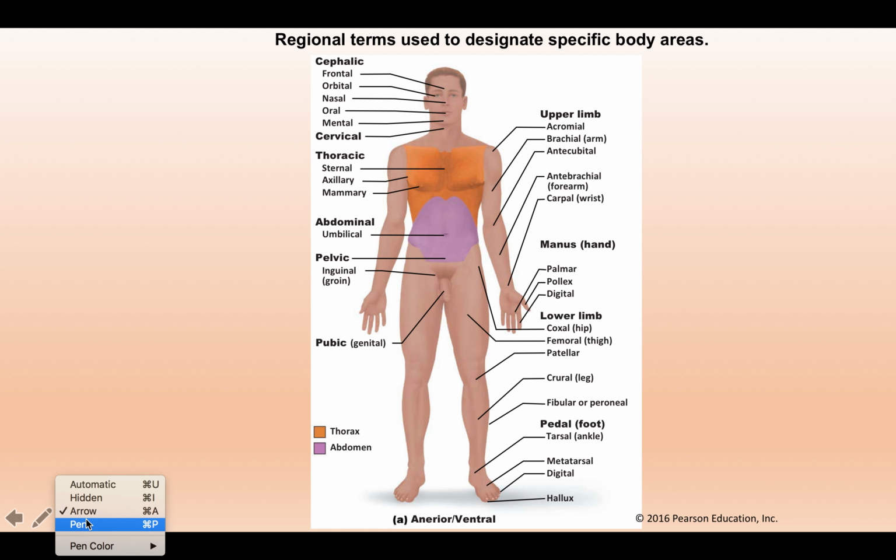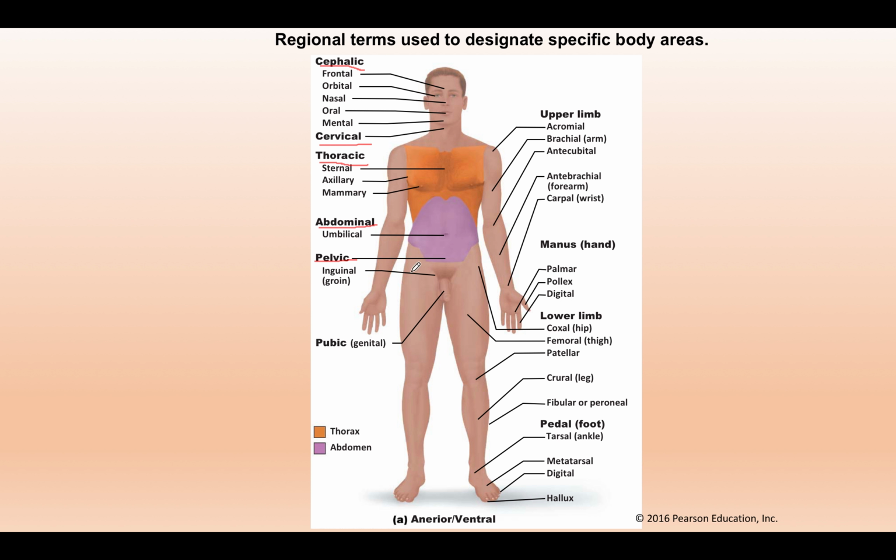Anytime I use the word cervical, cervical implies your neck region. Cephalic refers to your head. Thoracic refers to your chest cavity. Abdominal refers to the abdominal region.